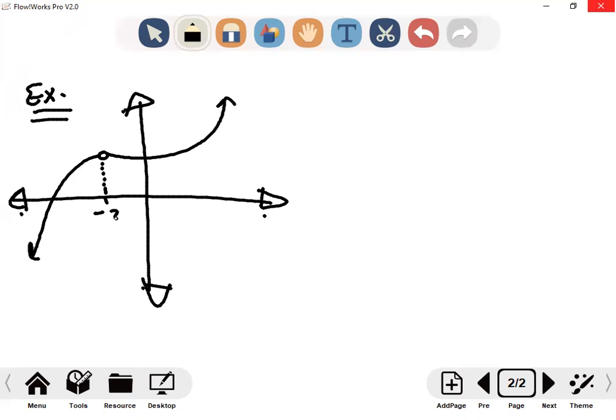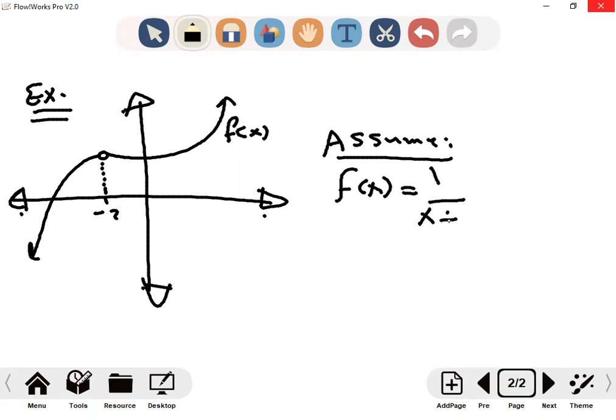Now, why is this circle here, for example? This circle means the curve of f of x, the function f of x, is not defined at x equal -2. Not defined means if you put -2 in f of x, you will get an undefined value. For example, to understand the idea of this circle, assume that f of x equals 1 over x plus 2, and I want to put -2 in it, f of -2, right?